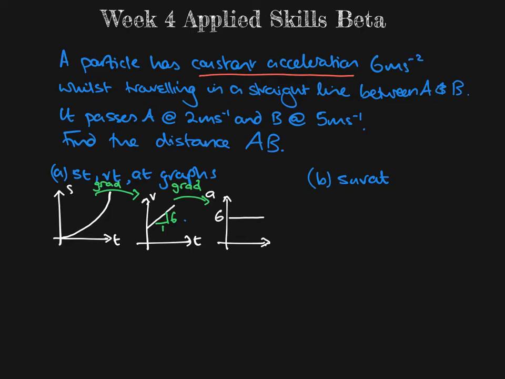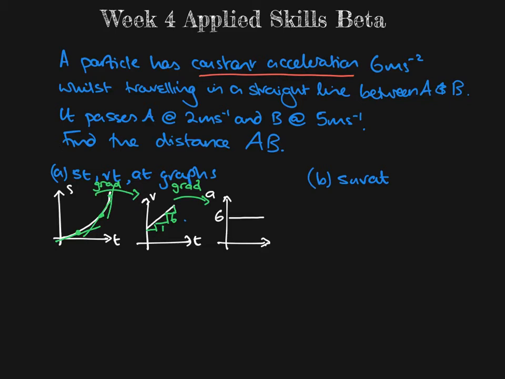Notice that whereas the gradient of the VT graph is always 6 across 1, up 6 across 1, up 6, the steepness of the curve for the ST graph keeps changing, and that's why the value of the VT graph keeps going up. So we're actually looking at the gradient of the tangent line, which gets steeper and steeper, and we'll be using that later when we've done some calculus.